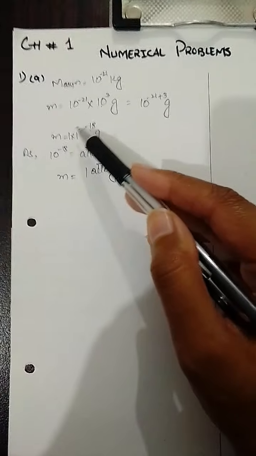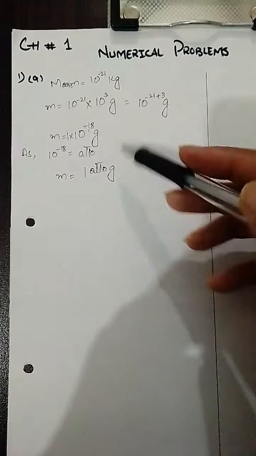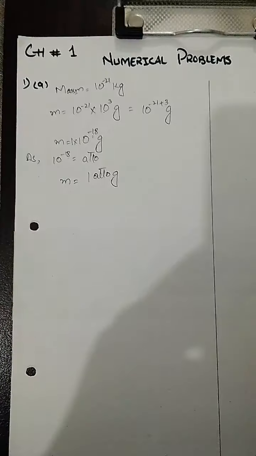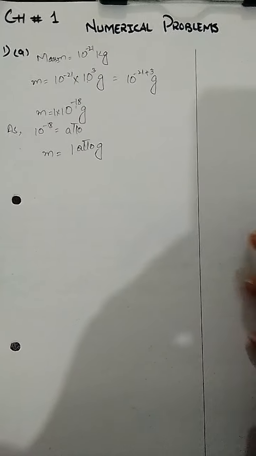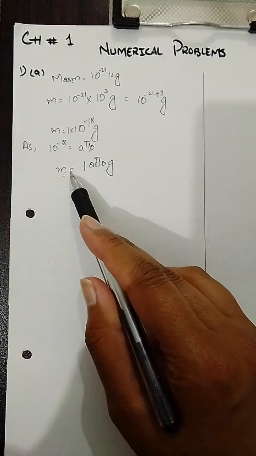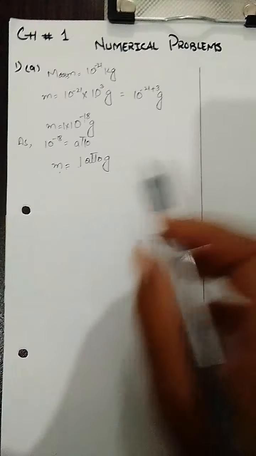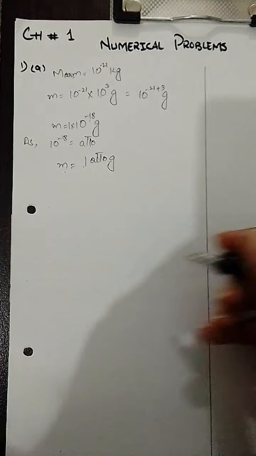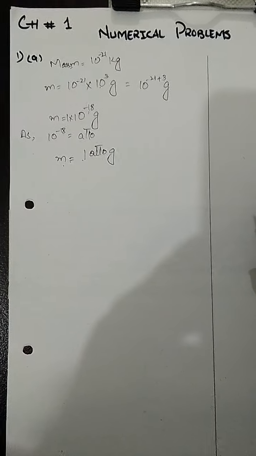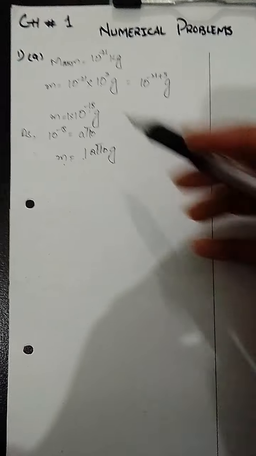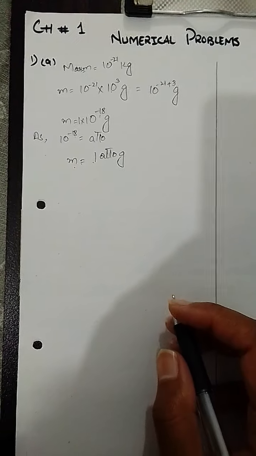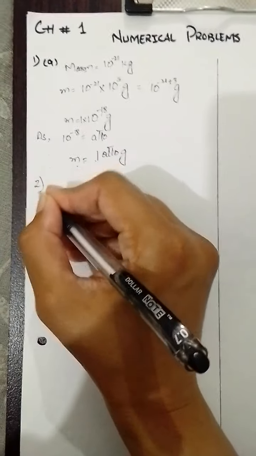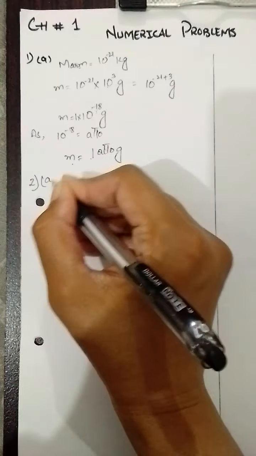Whenever we have 10 raised to any power, it means that 1 is automatically being multiplied over here, right? So we have mass equals 1 attogram. That is your required answer. Part B and part C of this question are just similar to part A, so you have to do it yourselves. Coming towards question number 2, part A.